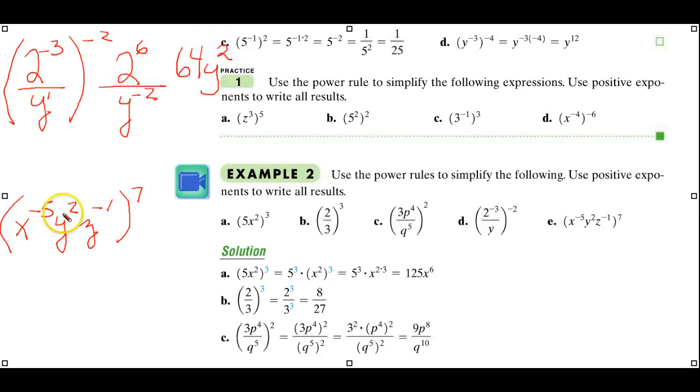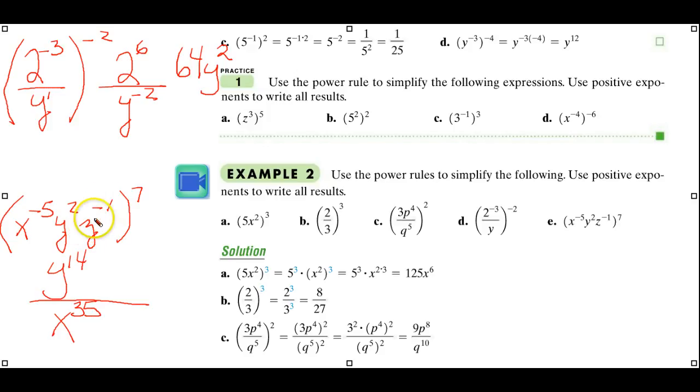Okay. Now for this one, again, you could do it intermediate, or you can actually put things where they're going to be. So this is going to be x. Negative 5 times 7 is a negative 35. So that's going to end up in the denominator here. This is going to be y to the 14th.